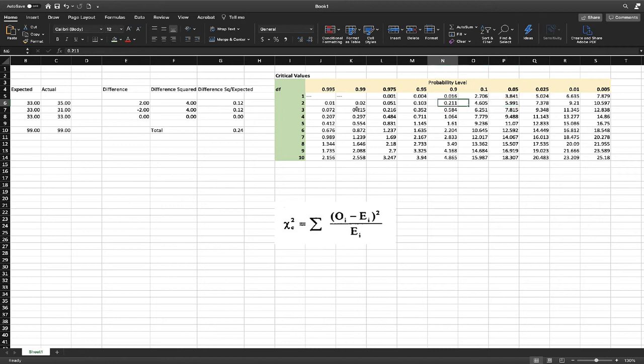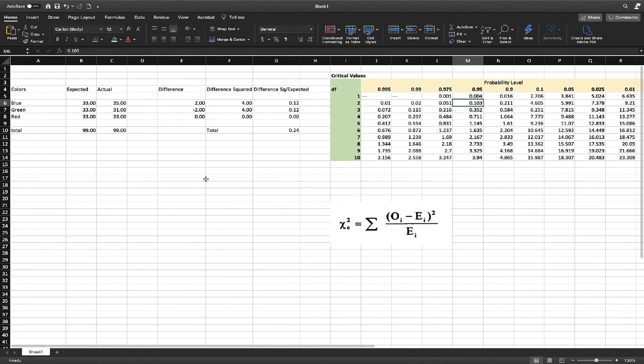In fact, we're way over here in 0.24, somewhere between being correct between 5 and 10% of the time. We're being wrong between 90 and 95% of the time. So not significant.